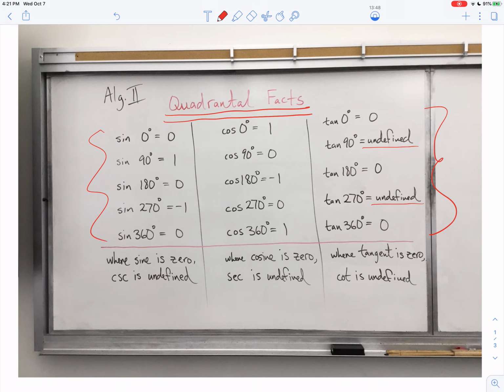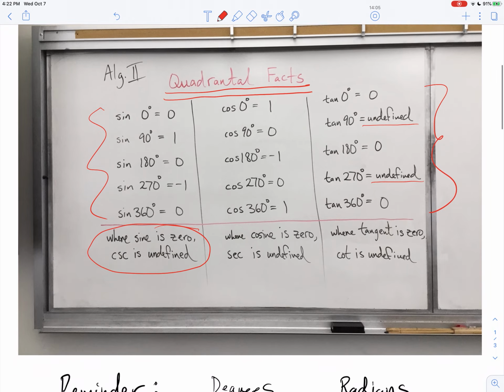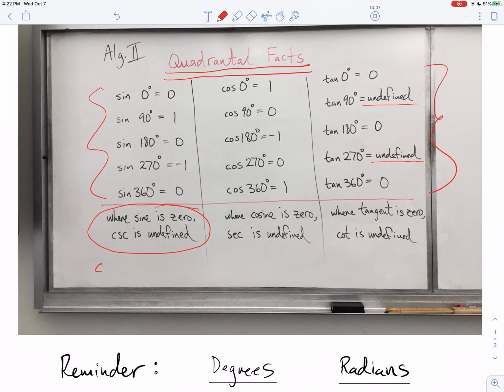So take a look down here on this chart I made. Where sine is 0, cosecant will be undefined. So we're not going to do it in this lesson. It's in the next one. But we're not going to be saying what is the cosecant of 180 degrees. We're not today. But what would that really mean?